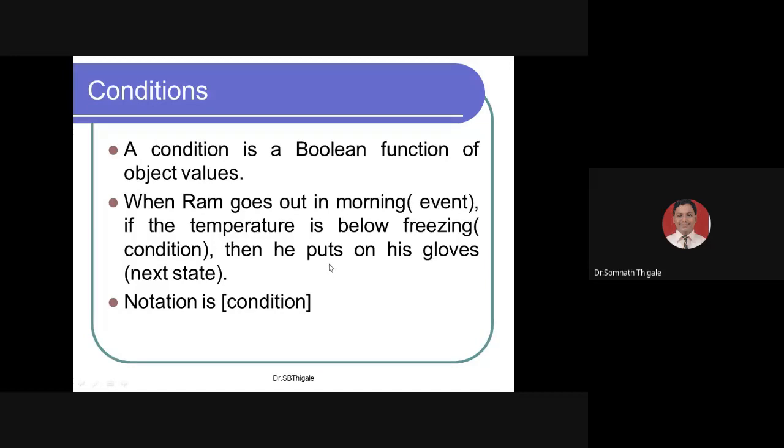Then we discussed condition. I represented it in one example yesterday: moving from one state to another state, but having a specific condition. That condition we have represented with these brackets.